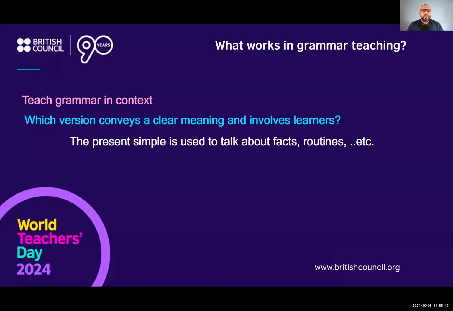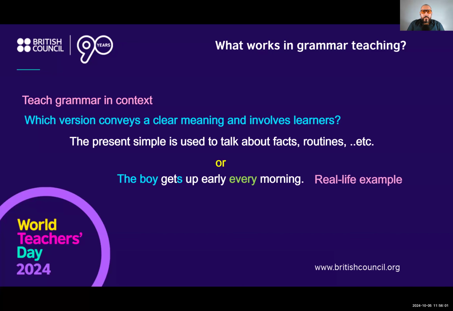So he says the present simple is used to talk about facts, routines, etc. Or he writes an example on the board: The boy gets up early every morning, and he highlights the form of the simple present tense. So he's using here a real life example, something that happens to his learners every day. And then he clarifies the meaning by using a timeline.